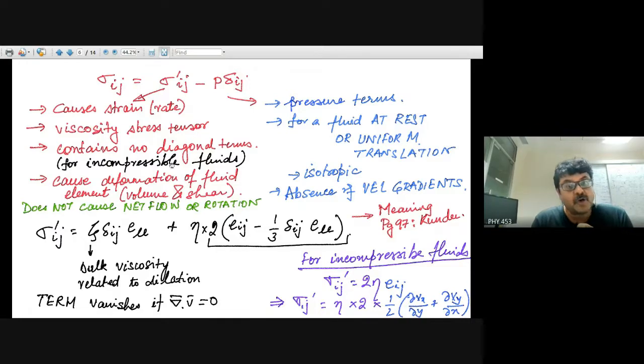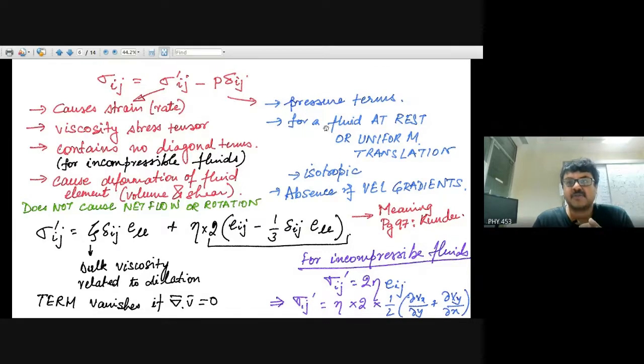And for incompressible fluids, and only incompressible fluids, it doesn't contain any diagonal term and causes deformation of the fluid element. It can cause volume deformation, which is called dilatation, or it can also cause shear, which is called the deviatoric part. So it does not cause net flow or rotation. On the other hand, you can also have a pressure term, and this is isotropic.